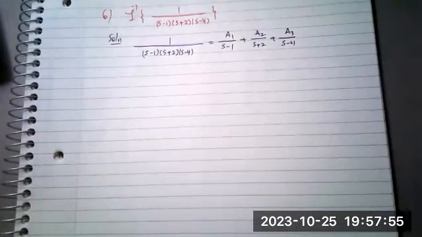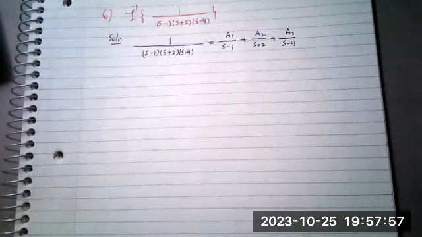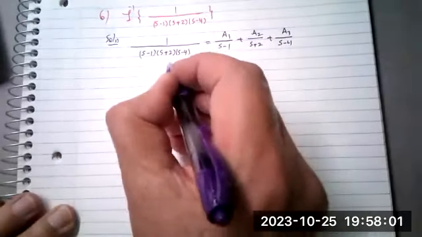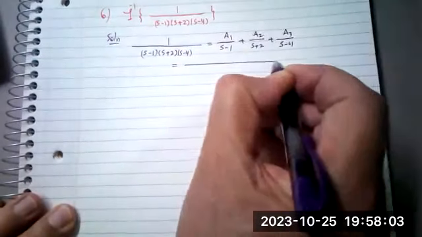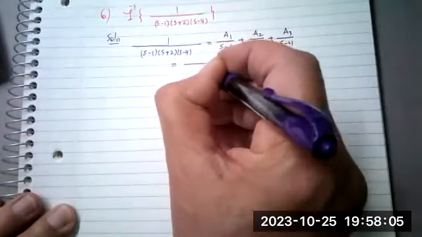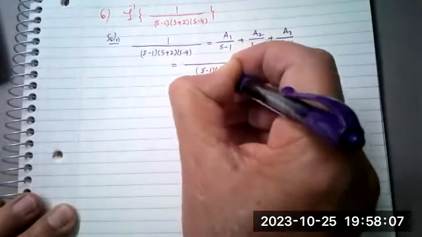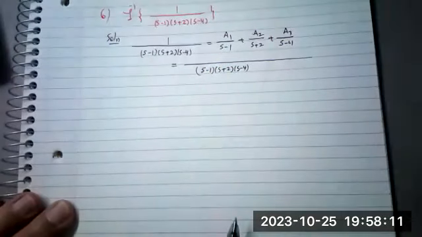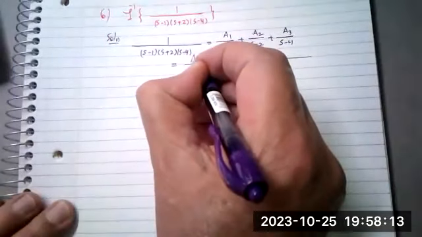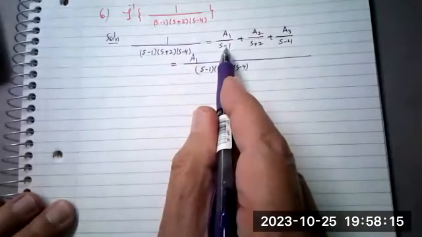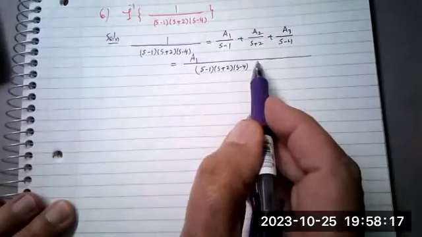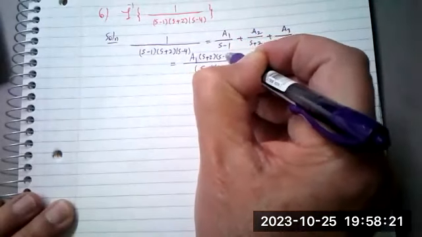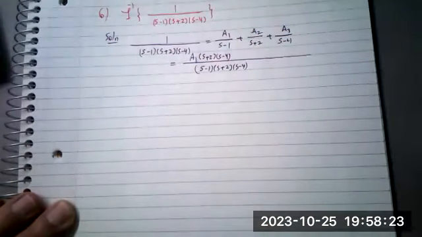Find the common denominator, let the tops equal each other. You have 3 nice numbers, so you'll be able to find them. Okay, what's the common denominator? The common denominator would be (s minus 1) times (s plus 2) times (s minus 4). The top: for A1, you drop the s minus 1 and keep the other factors, so it's (s plus 2) times (s minus 4). That's the first one.